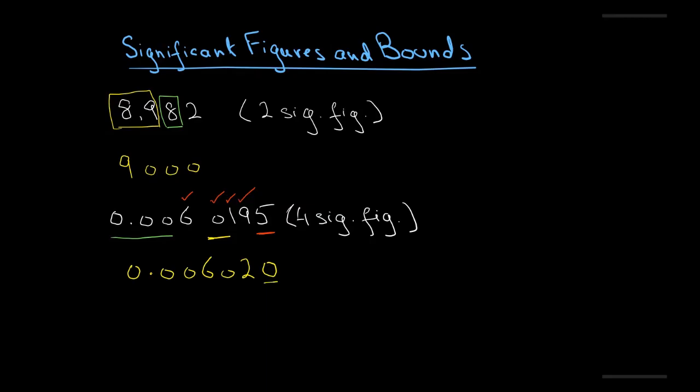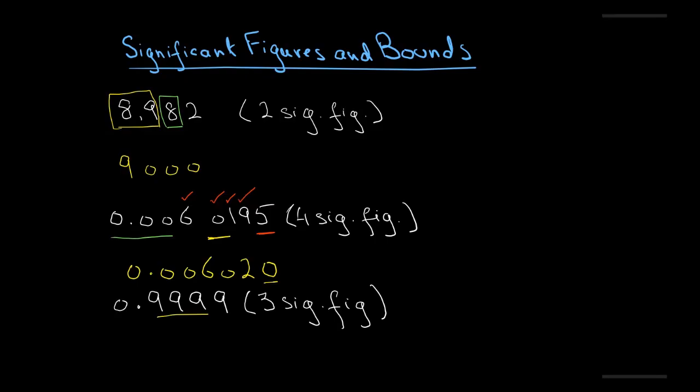Okay. So let's try another one. Last one. Let's look at a number like maybe 0.9999, and I want to do it to three significant figures. Well, you can see that these three nines are significant.